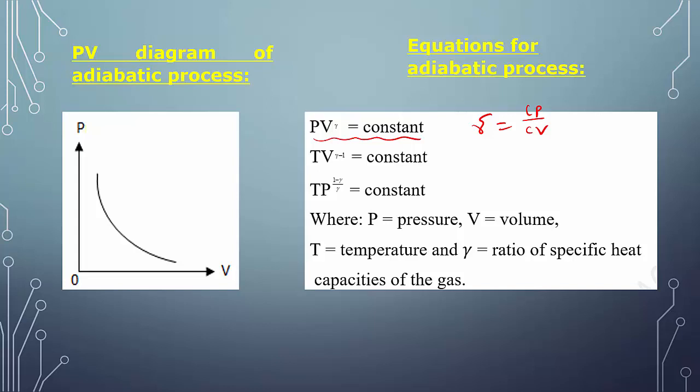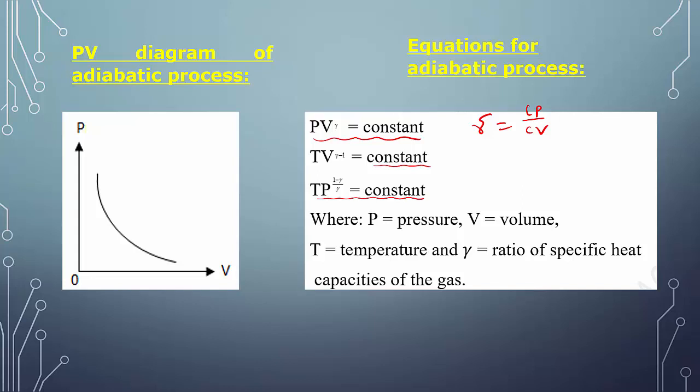Second one, TV raised to gamma minus 1 is equal to constant, and third one, TP raised to (1 minus gamma) divided by gamma is equal to constant. These three equations we are using in adiabatic process.